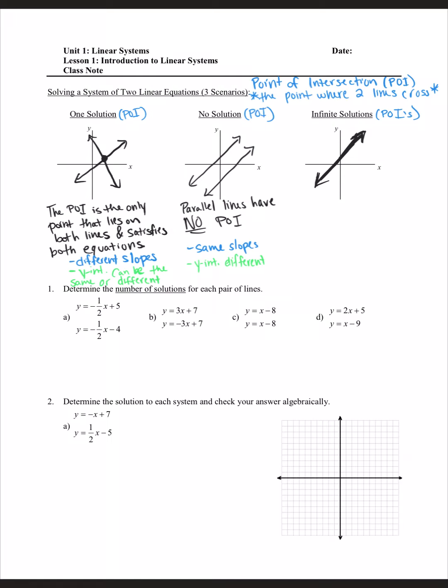So this is the idea that two lines that lie on top of each other will intersect at every point.